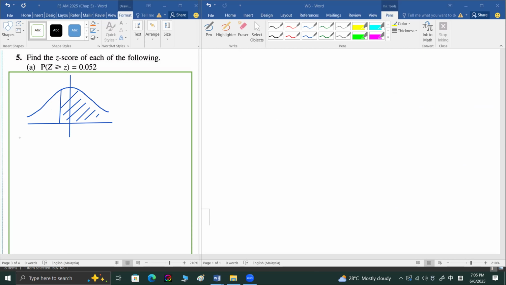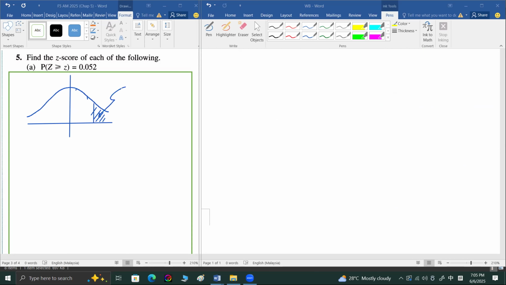But if I give you less than 0.5, maybe 0.4, or maybe 0.2, or maybe 0.1, the area, see? And now 0.05. 0.05 is a very small region, so I assume that it's here. 0.5 is half.